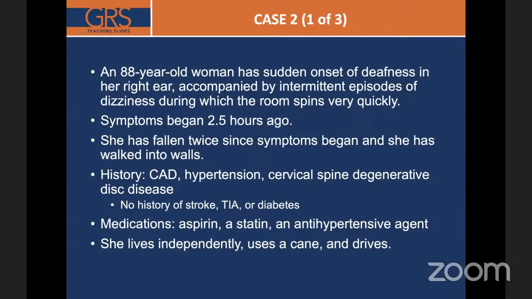Her history is coronary artery disease, hypertension, cervical spine degenerative disc disease. She has no history of stroke, TIA, or diabetes. Her medications are aspirin, statin, and antihypertensive agents. She lives independently, uses a cane, and drives.